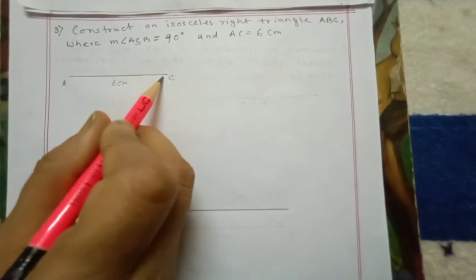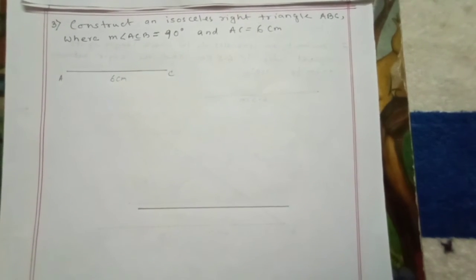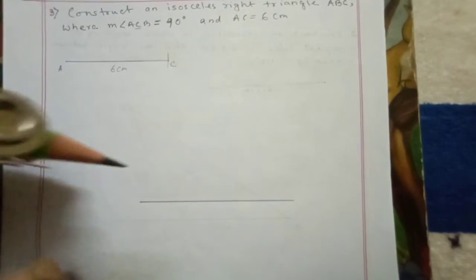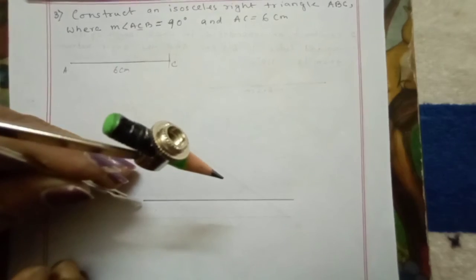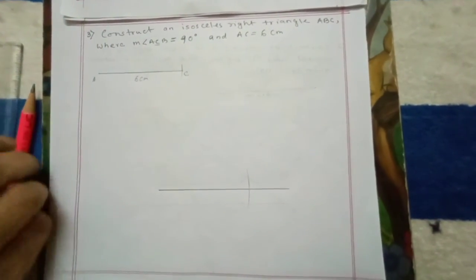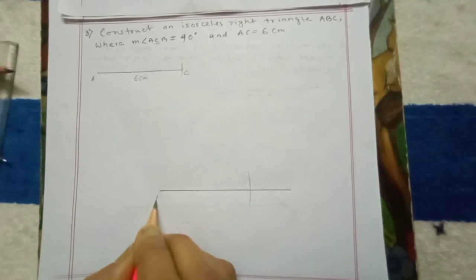I have taken 6 centimeter length here, and one line I have taken as base. I have to take 6 centimeter from here. It is 6 centimeter. Cut 6 centimeter from this line AC.